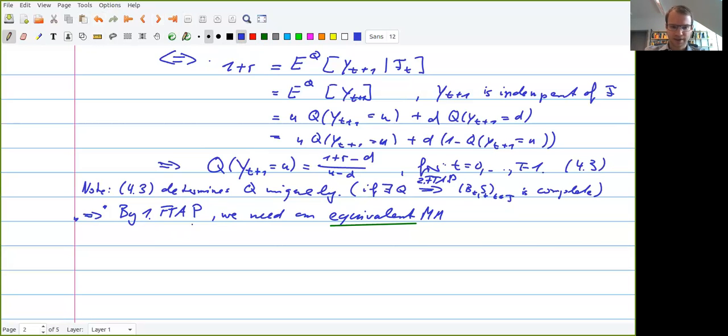In order to ensure that it's equivalent, we need to ensure that the probability under Q that Y_{t+1} takes the value u, which we recalled was 1 plus r minus d divided by u minus d, needs to be strictly between 0 and 1. Because all events have to have a strictly positive probability.